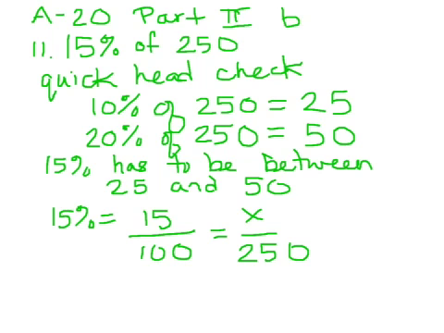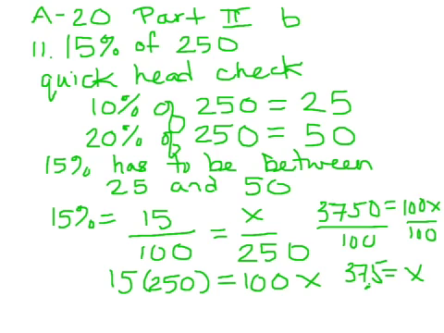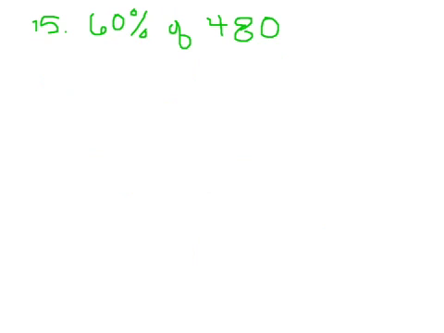So I can go ahead and simply cross multiply, so I have 15 times 250 is equal to 100x, and 15 times 250 is 3,000. There we go. All right, I'm going to do 15 from your homework, 60% of 480.